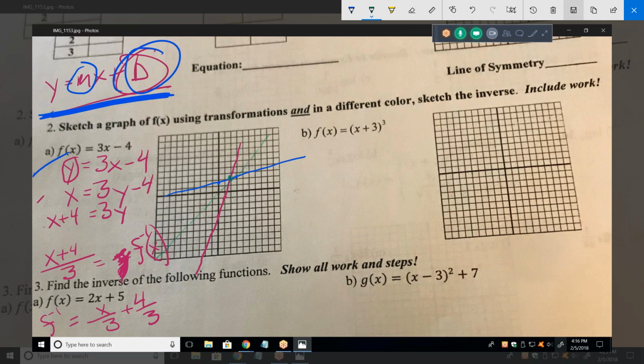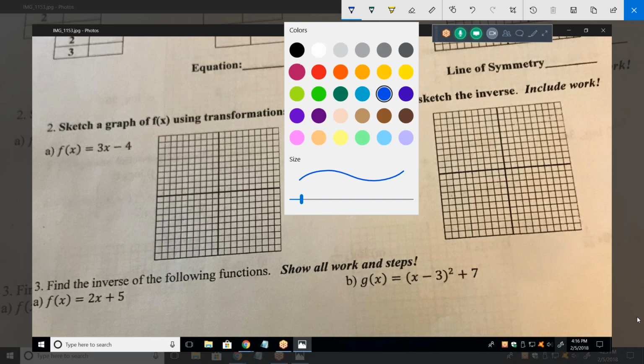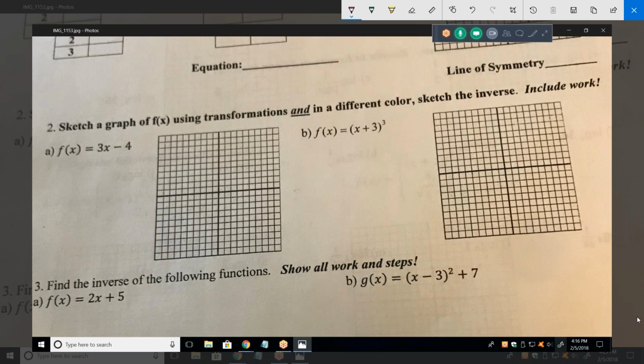Okay? All right, let's do B. First step, let's graph it. Okay. Let's graph that function. So how do I graph that function? They said graph it using transformations. Well, what's the parent function?